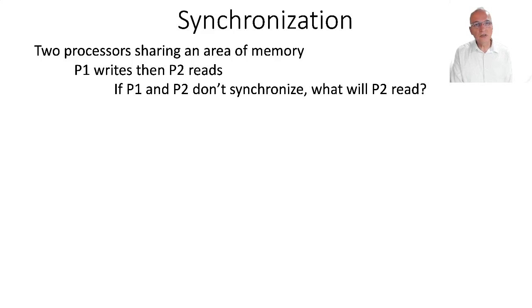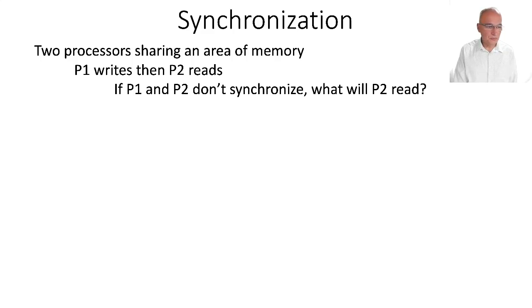If there is no synchronization, it means that in the logic of my program, I do not have a need to synchronize, and I am happy. It is correct for P2 to either read the value prior to the write of P1 or after the write of P1. However, if P2 is supposed to only get the value after the write of P1, then I do need synchronization.